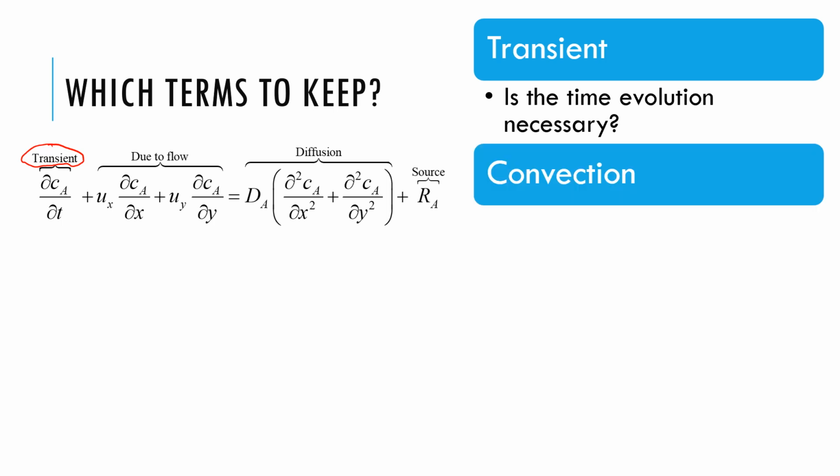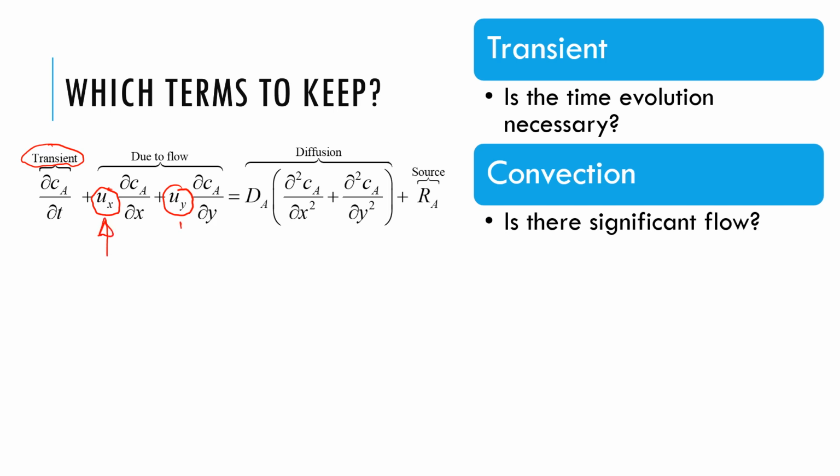Moving on, the next one is the convection term, or the term due to flow. If it is a fluid, then we have to ask, is there significant flow? Quite often it is significant, and so then we need to keep this term with these velocities. But then we could ask, in our quest for simplification, how do I get this velocity?